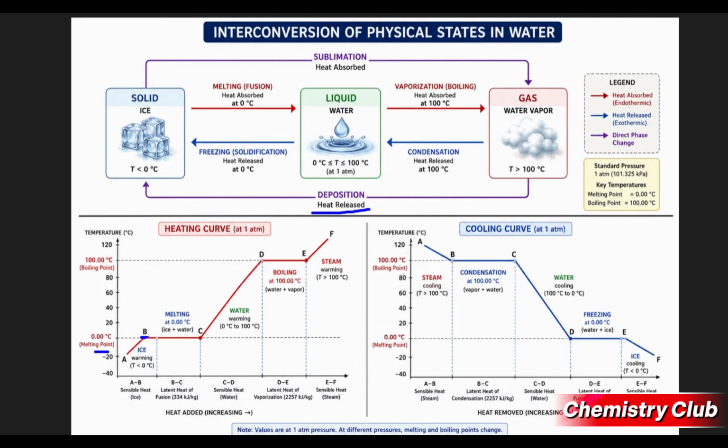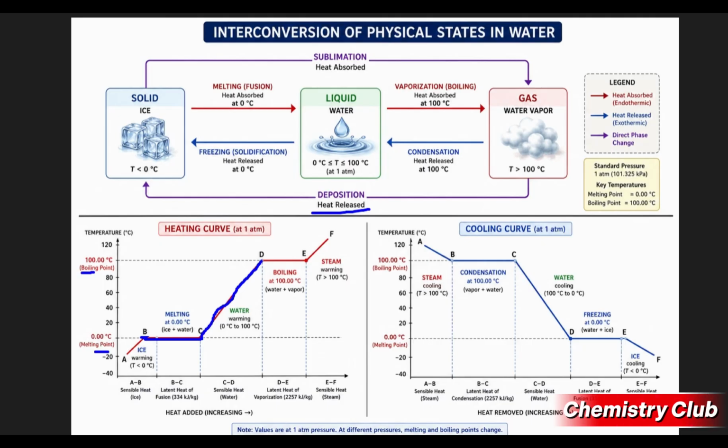And from B to C there is no change in temperature, because at this point the solid is being converted into liquid. When all the solid is converted into liquid water, then again we can observe the change in temperature from point C to D until we reach the point D, and this temperature is 100 degrees Celsius, which is called the boiling point.